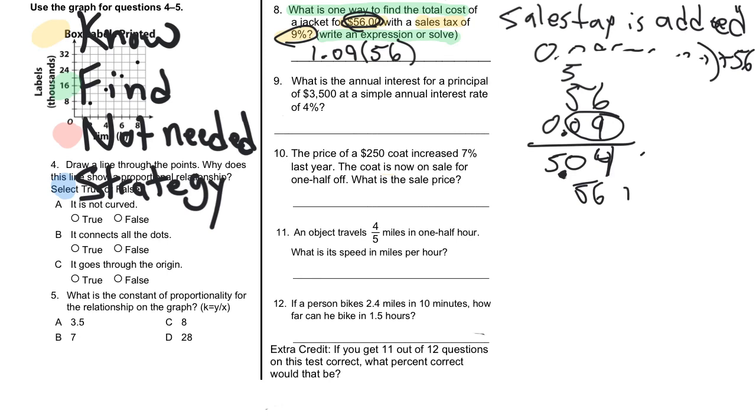So it's 56 plus 5.04. Well, I can do that math in my head, actually, because 56 plus 5 is 61, and just add another 4 cents. So I could get 61.04. Go ahead and write down anything you want to write down. And pause if you need to, and then we'll move on.